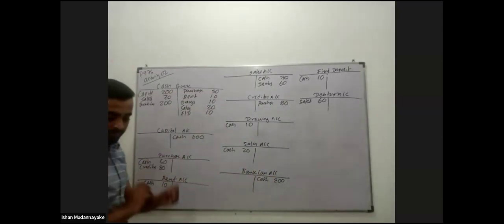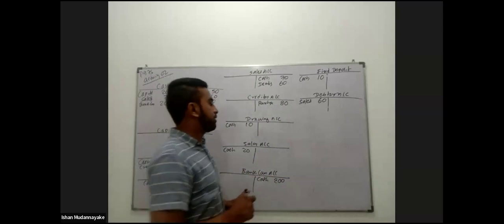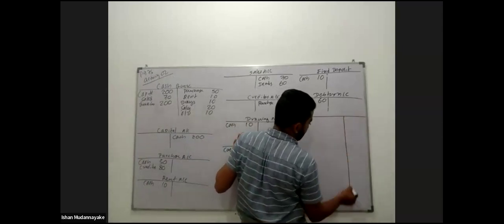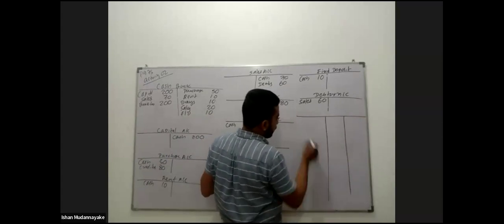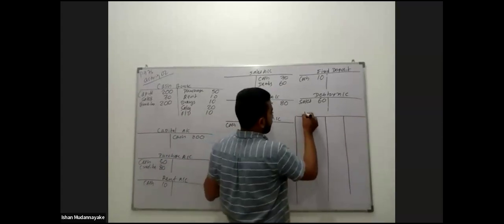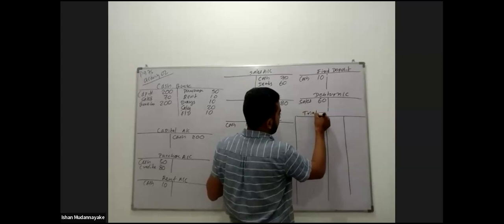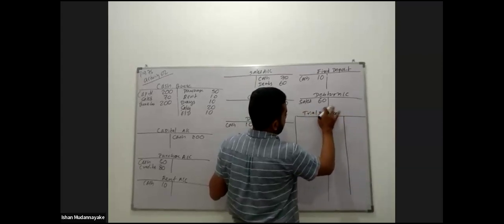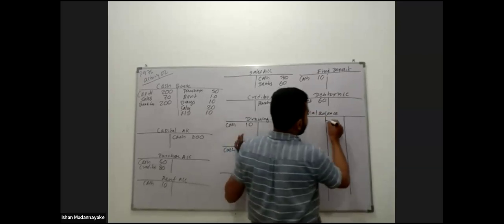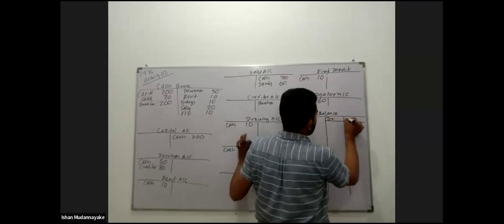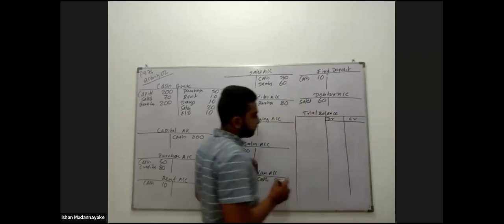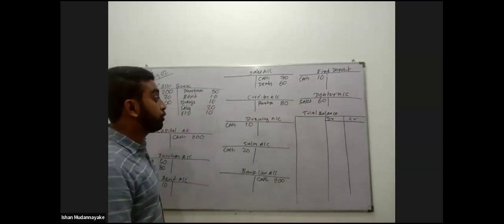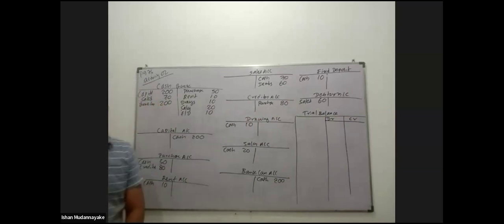Now prepare the trial balance. Prepare the trial balance at first, with debit and credit columns, and then balance off all the ledger accounts.